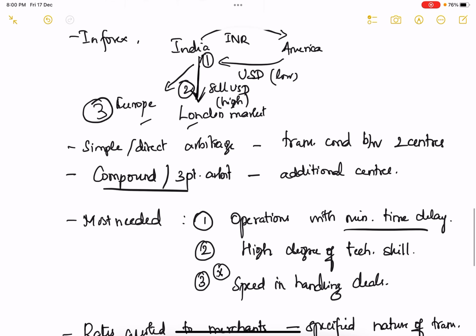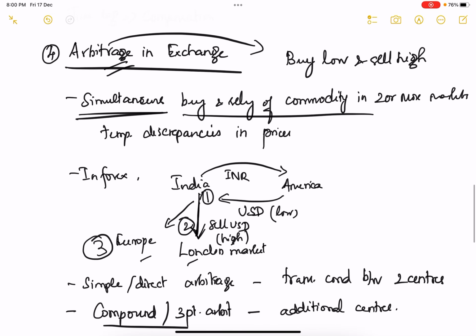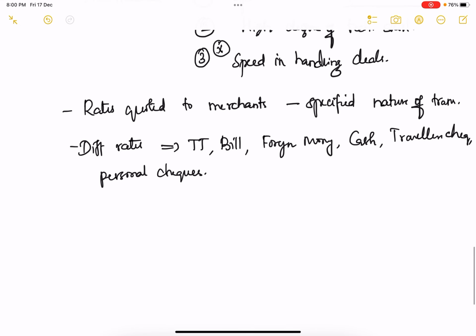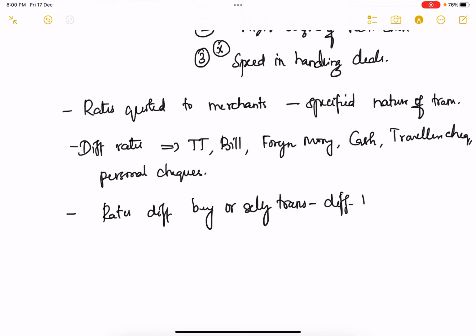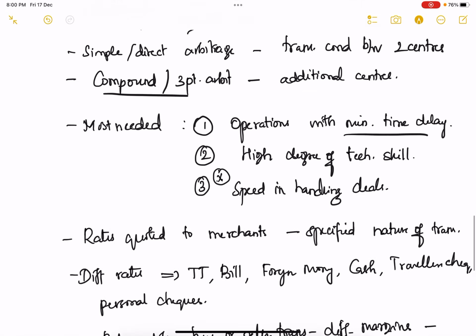So, in the arbitrage process, for retail individual clients, the rates differ for buying or selling transactions. Hence, there will be different margins over interbank rates depending on the nature of the transaction. So this is arbitrage.